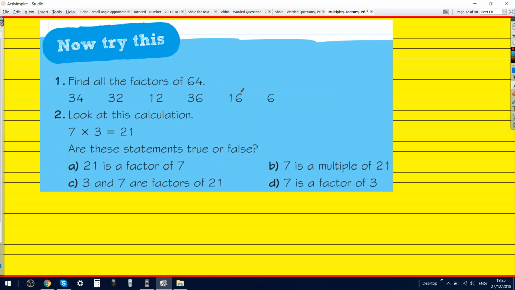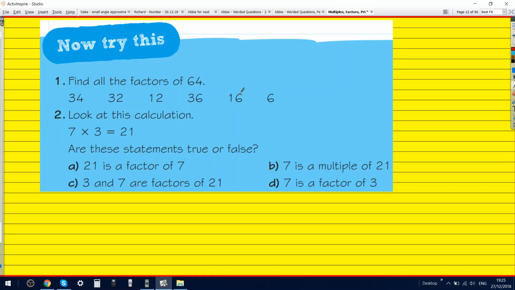64 divided by 6 is... 6. So how many 6s in 60?